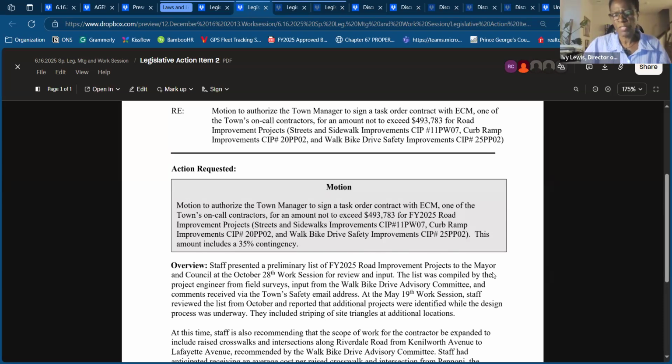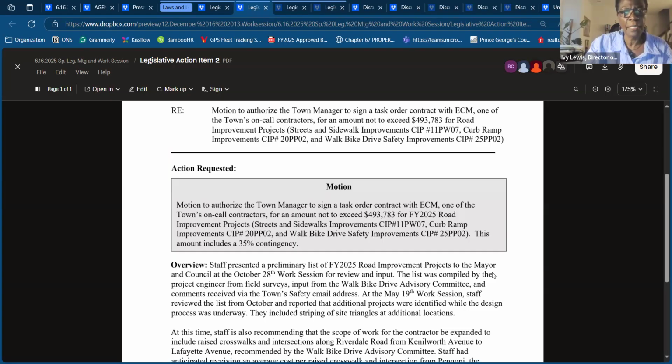Additionally, the project engineer has identified about 6 additional curb ramps that can be built this cycle. We thought we'd have specific cost estimates for those additional work items, but the project engineer is still working up the numbers. So rather than delay this agenda item, staff proposed a 35% contingency, which amounts to about $128,018. And with that, I'll take any questions you have.